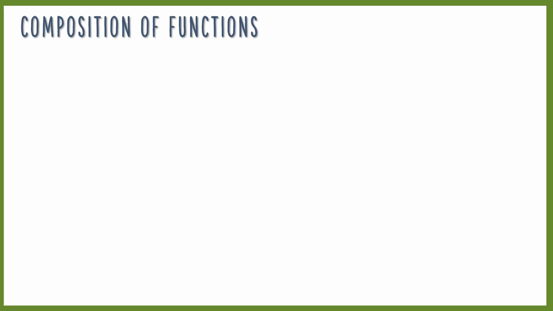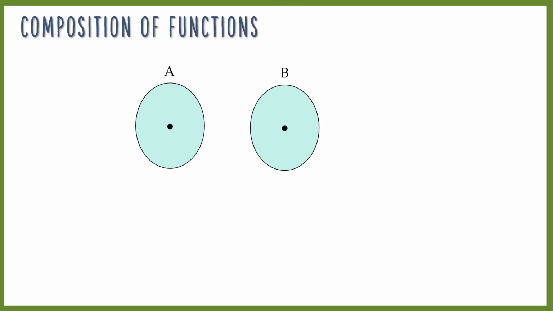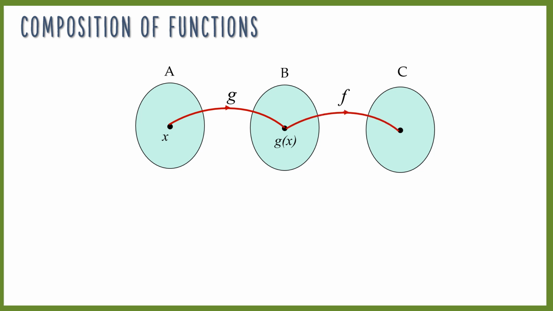Now, let us understand the composition of functions using a Venn diagram. Consider the Venn diagram showing the three sets A, B, and C. The first function g maps the element x in A into g(x) in B. The second function f would then operate on g(x), mapping it onto C, thus forming f(g(x)).